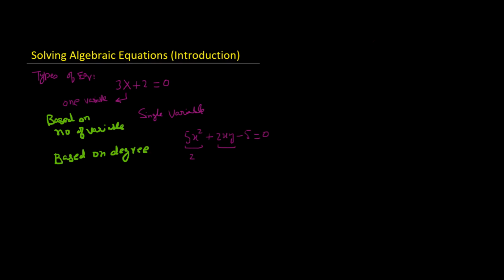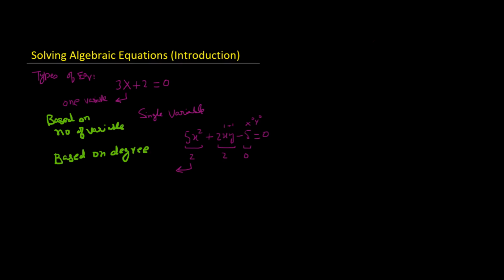The exponent of the first term is 2. The exponent of the second term is 1 for x and 1 for y, so the total exponent is 2. The exponent of the last term is 0, because anything raised to the power 0 is 1. So the maximum exponent is 2. So the degree of the polynomial here is 2. The degree of the algebraic equation is 2.